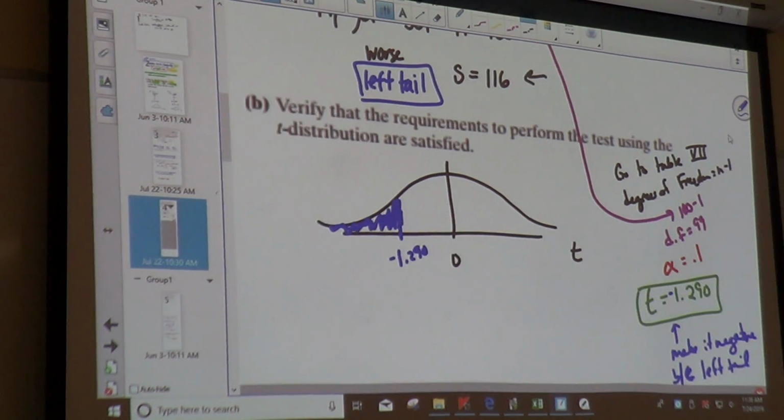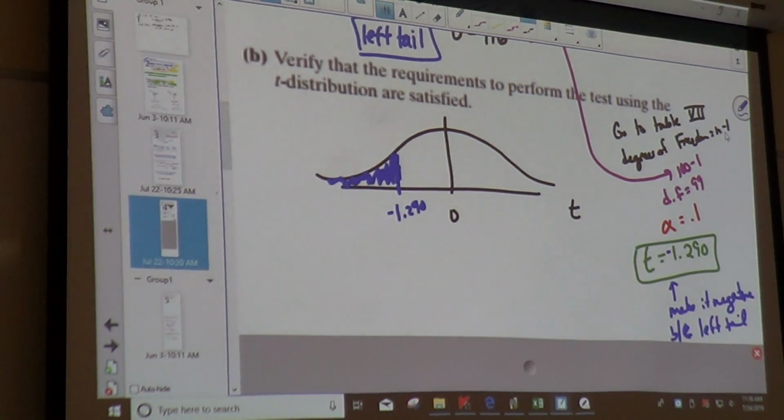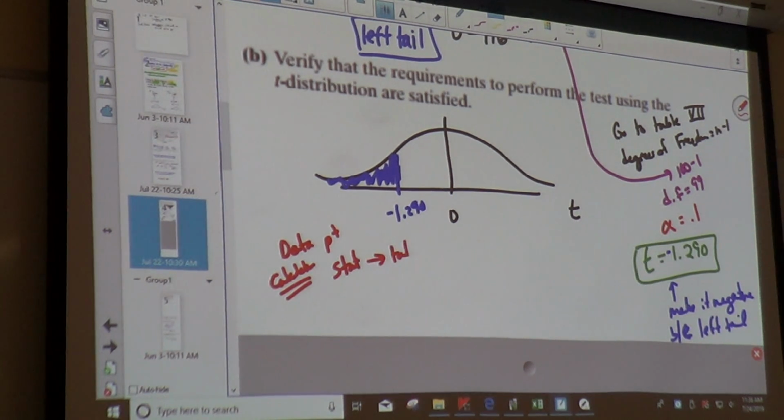Now, the last thing we have to do is figure out what our data point is. To get our data point, we are going to do stat in our calculator. Stat, over to test, and we're going to do number 2, t-test.